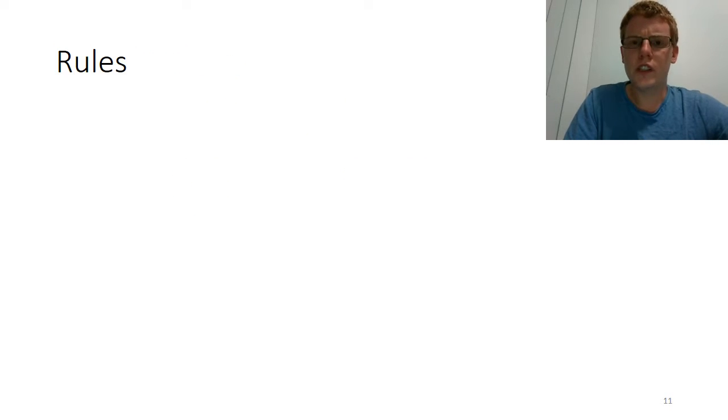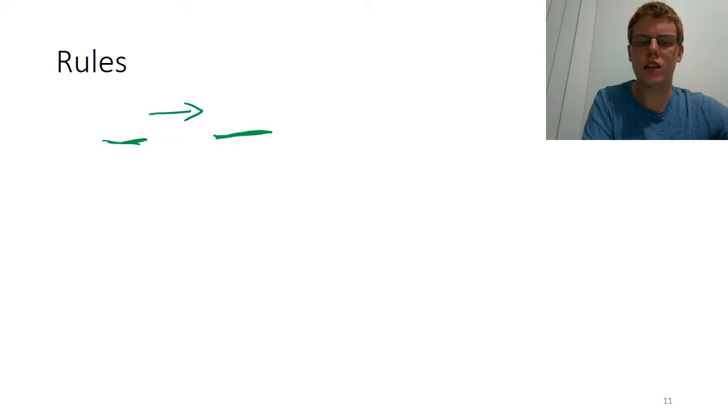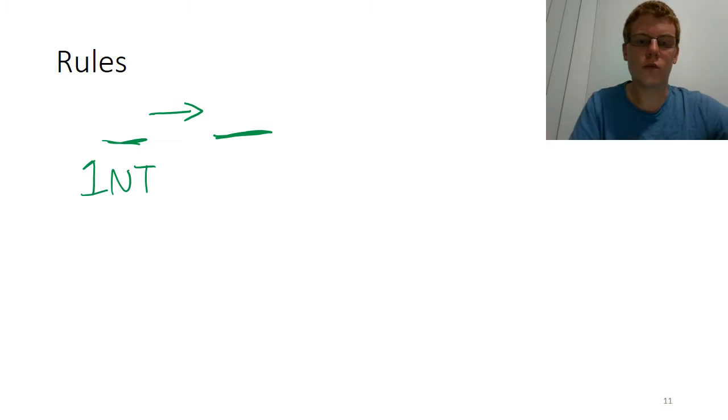So the only really new thing with a regular grammar is the rule system R. It's a simple rewrite system. And by that I mean we have rules that look like this, where we have something on the left hand side which we can replace with whatever's on the right hand side. For a regular grammar, on the left hand side we're allowed to have one non-terminal, and on the right hand side we're allowed to have one of two things.